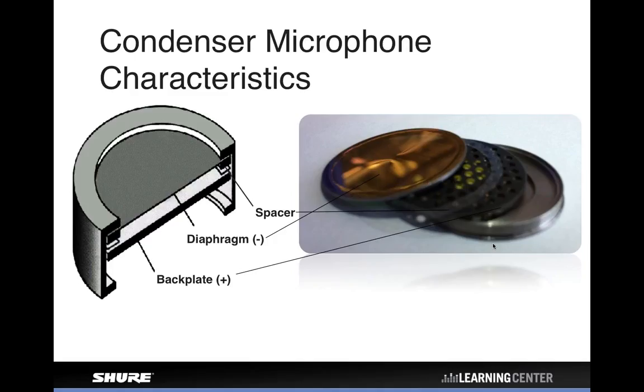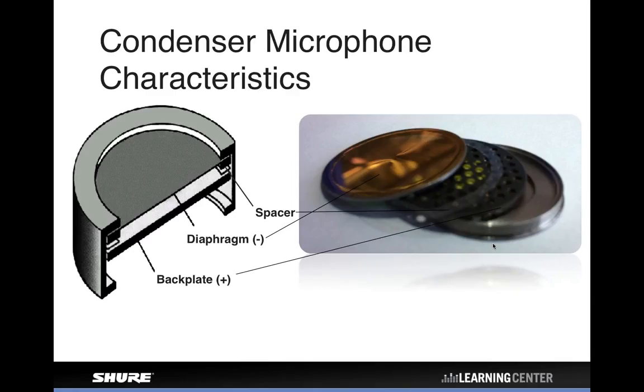The backplate is charged with a voltage, and between the diaphragm and the backplate is a spacer washer. It's that thin little ring of plastic on top of the perforated metal part, and it is extremely small, about 1/1000th of an inch in thickness. That's the only distance between your diaphragm and your backplate.